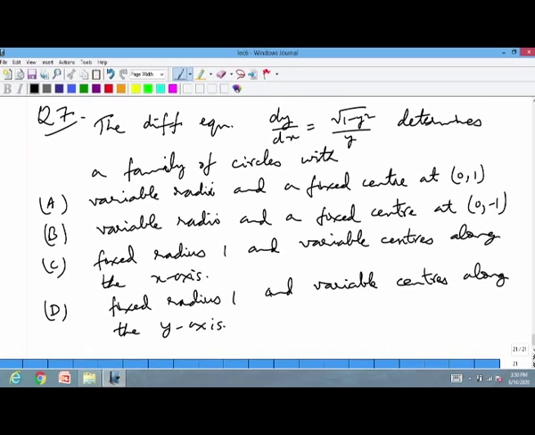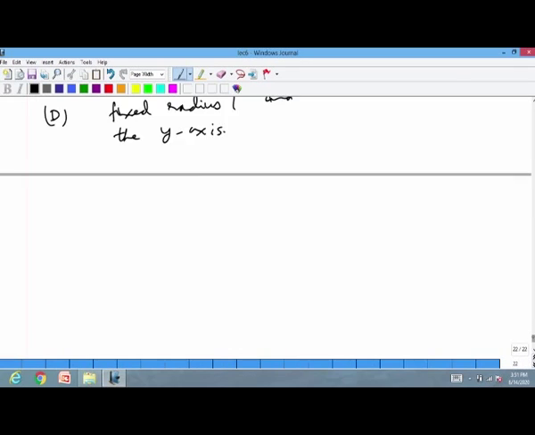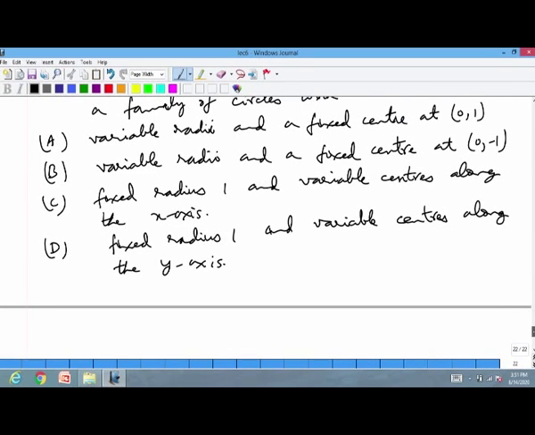So, we know that the differential equation, when we solve, we will get a family of curves, and we have to choose the option among the given options.